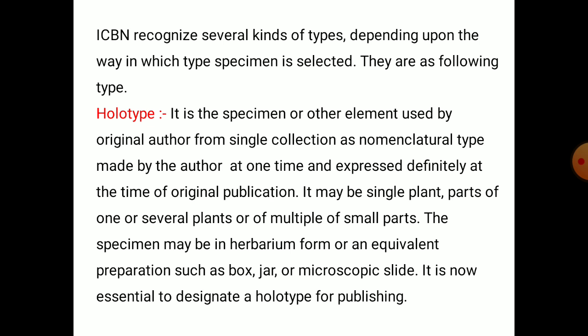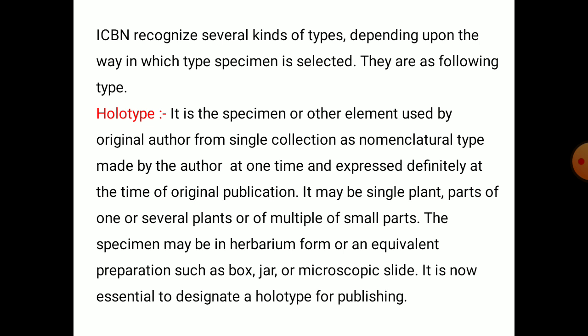It means that whatever plant the author has collected is referred to as a specimen or other element used by the original author, from a single collection, as the nomenclatural type, expressed definitely at the time of original publication.